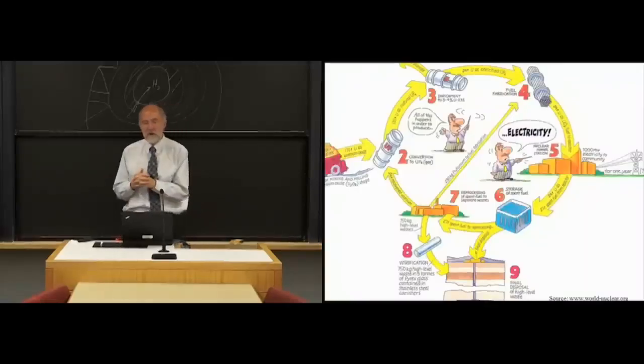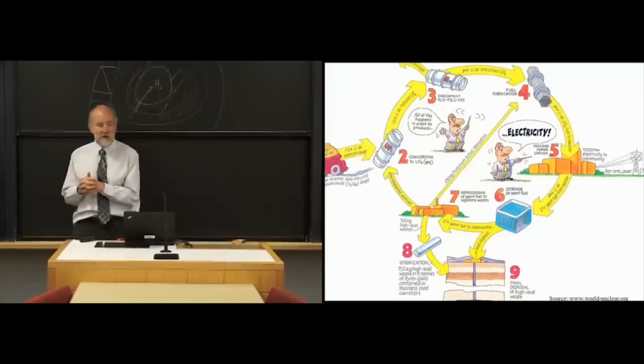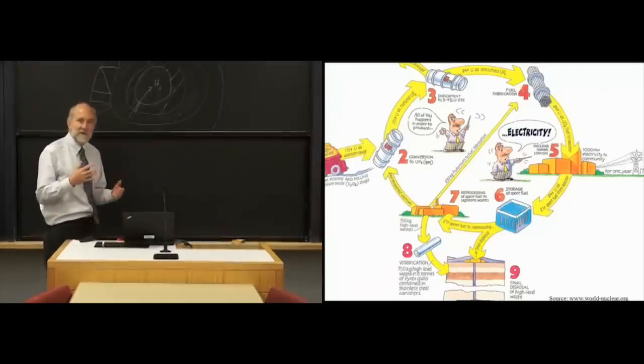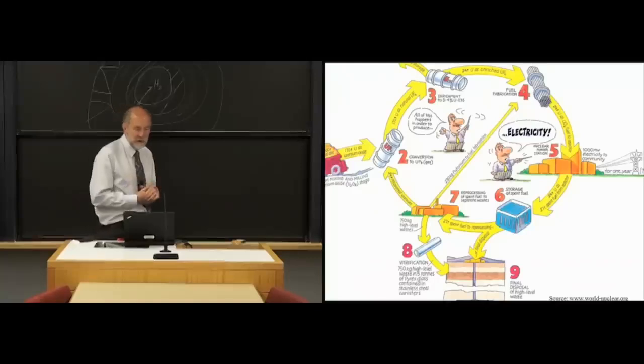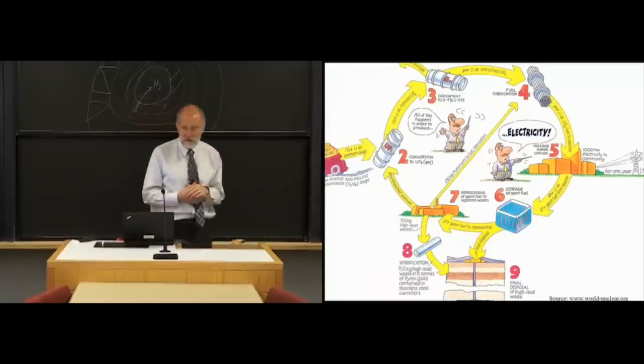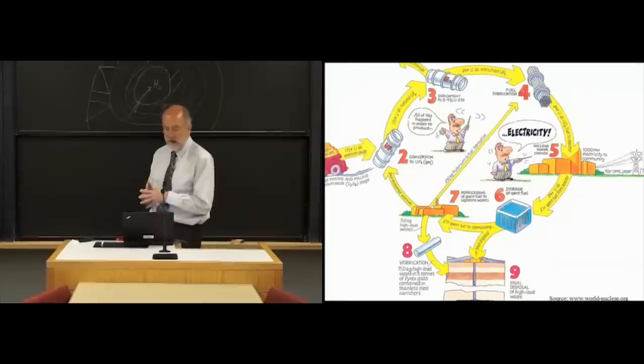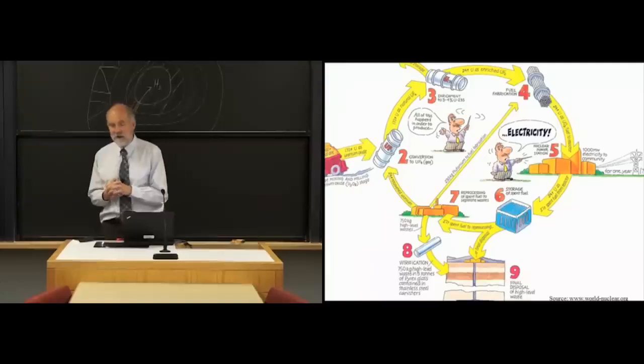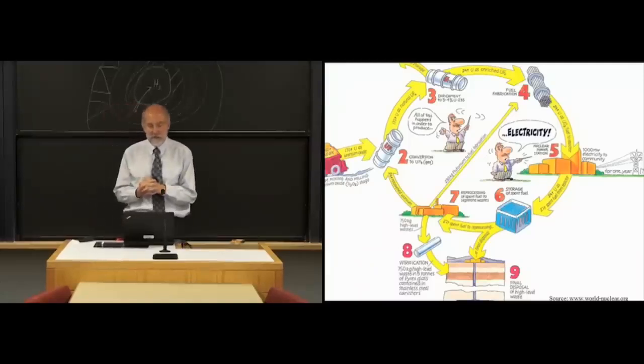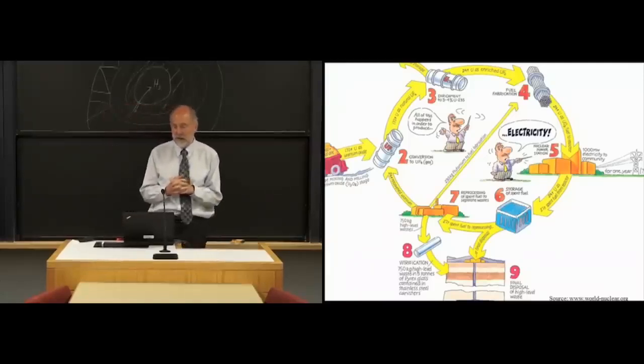So this is just a picture of the civilian fuel cycle, which gives you a feel for the scale. You start off with 170 tons of uranium as uranium oxide on the left side of the picture. That's coming from your milling plant after your mining.